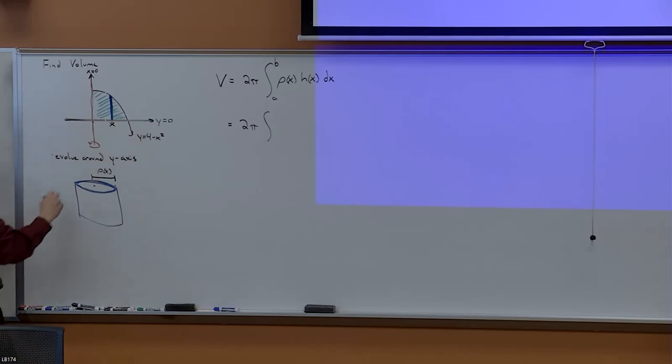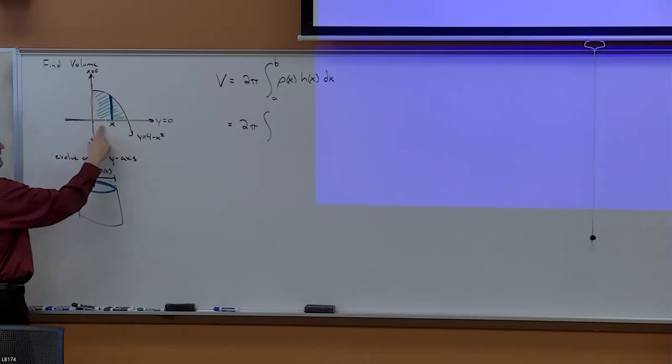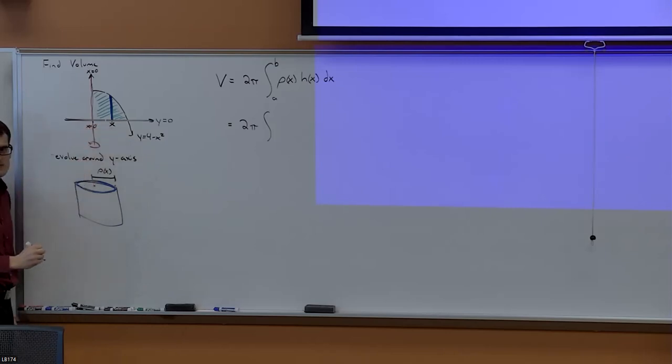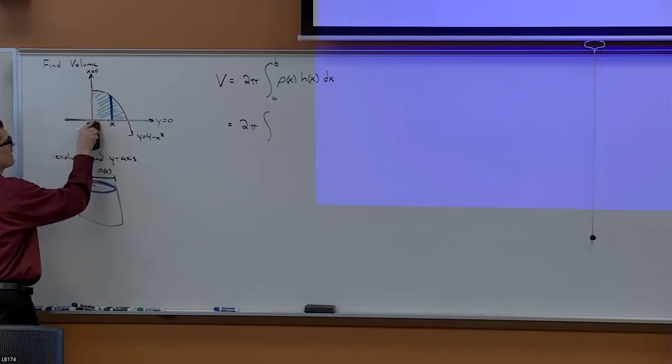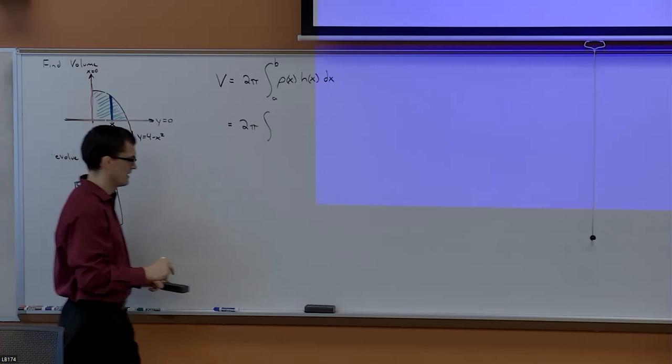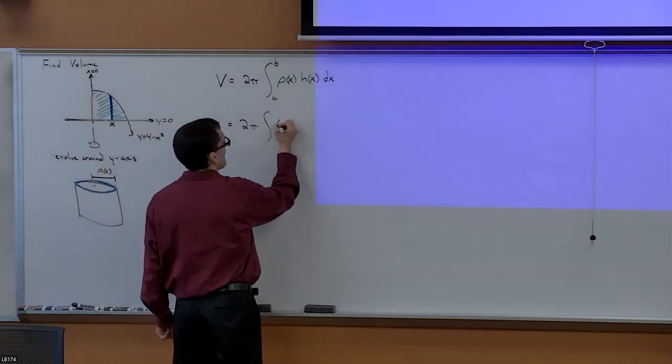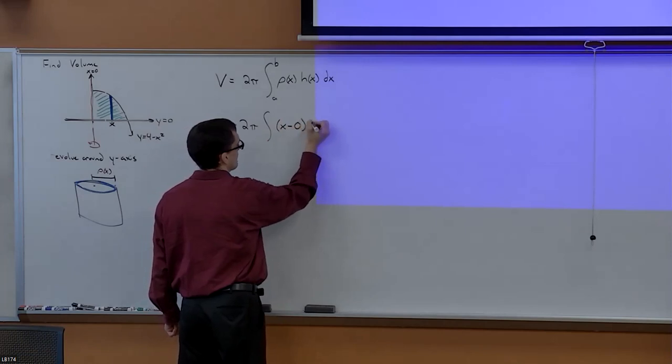So we're going from an arbitrary x value down to x equals 0. Does that make sense? So my radius in the shell method is just that. It's arbitrary x value down to 0.